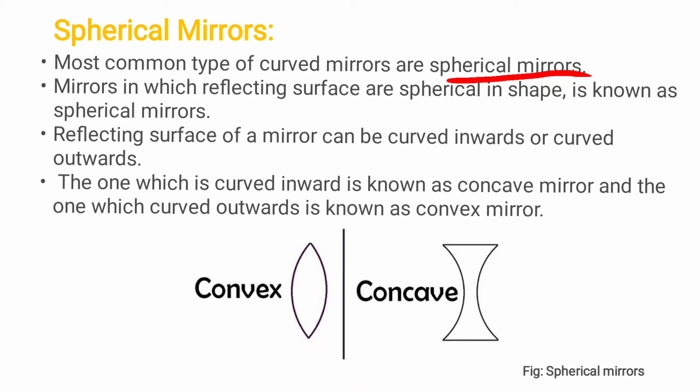Mirrors in which the reflecting surface is spherical in shape are known as spherical mirrors. The reflecting surface of a mirror can be curved inward or curved outward. The one which is curved inward is known as a concave mirror, and the one which is curved outward is known as a convex mirror.